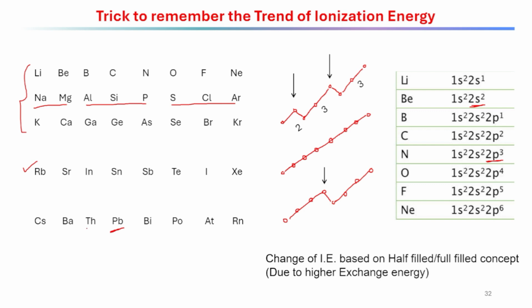So cesium, barium, thallium and lead will increase, then in bismuth it will decrease, and then again increase. When I used to prepare for competitive exams, I used to remember these trends. The first 3 periods follow the 2-3-3 formula, the next period monotonously increases, and the last period increases till lead, then decreases, and then again increases.